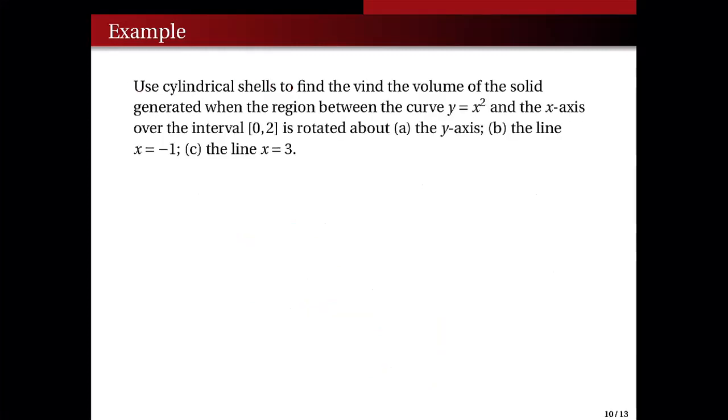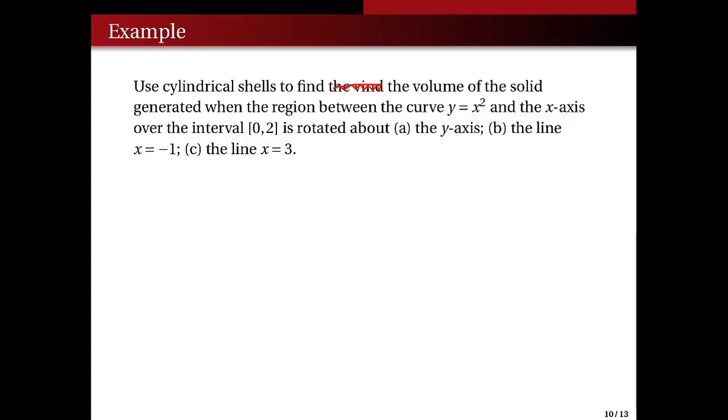Let us consider this. Use cylindrical shells to find the volume of the solid generated when the region between the curve y equals x squared and the x-axis over the interval 0 to 2 is rotated about.